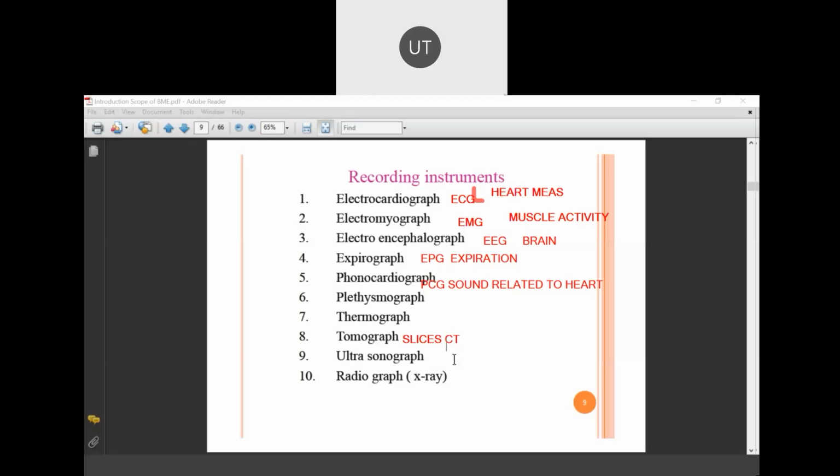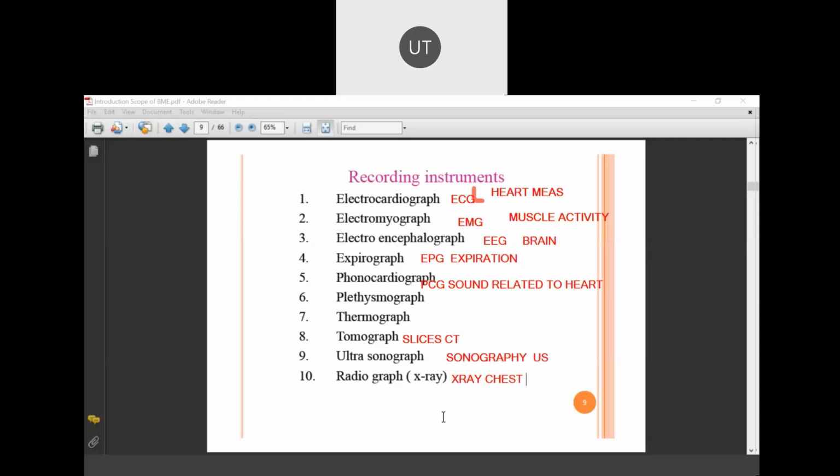Ultrasonograph, that is sonography. Using ultrasound technology, you can use ultrasound waves to look into the body and see what is happening inside. Radiograph, X-ray, you are very well aware of finding out the bone structure. Chest X-ray, which you may have come across in hospitals. So these are the various recording instruments.